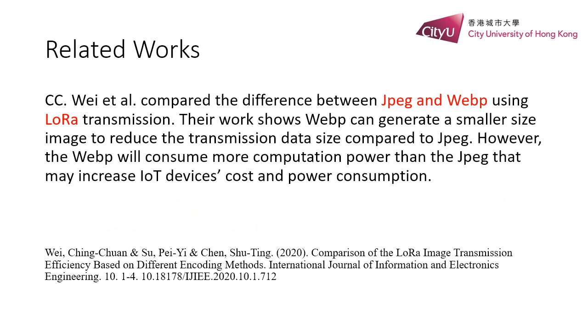Another research is also using LoRa to transmit the image data. The image is encoded using different formats, JPEG and WebP, which is Google Image. They find using WebP can reduce more than 50% size than JPEG.